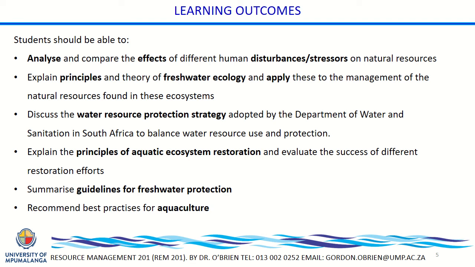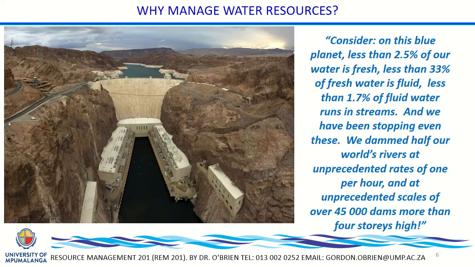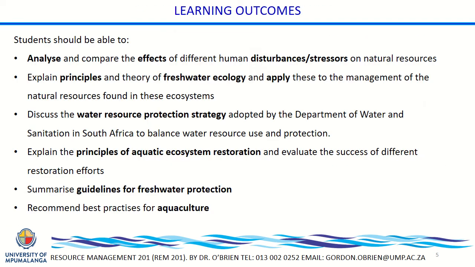Second year is cool. Then discuss resource protection strategies, explain principles of aquatic ecosystem restoration. How would you do this? How would you actually manage? What is it that you're managing? How would you do it? How would you conserve this? Then guidelines for freshwater protection, and then recommend best practices for activities like aquaculture.